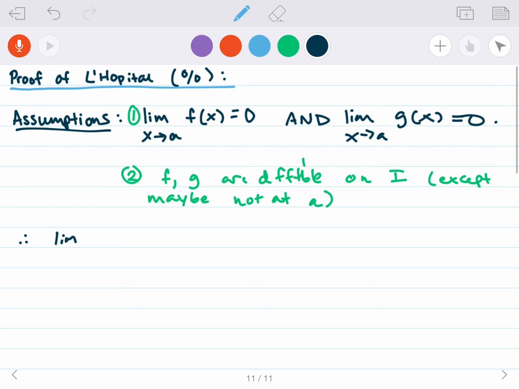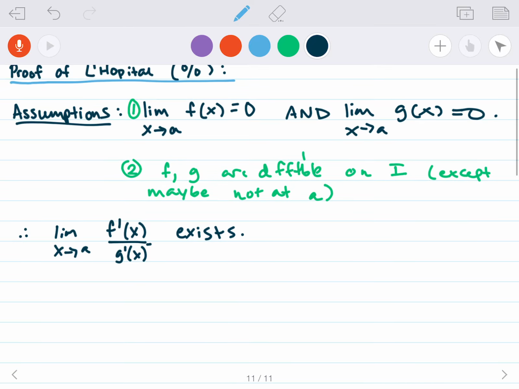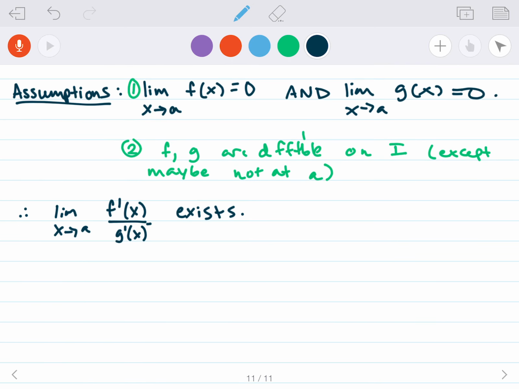This means that the limit as x goes to a of f prime of x over g prime of x is going to exist, right? We're just looking at what happens when x goes to a, not when x equals a. Okay, so if this exists, let's call it L. So suppose this equals L.